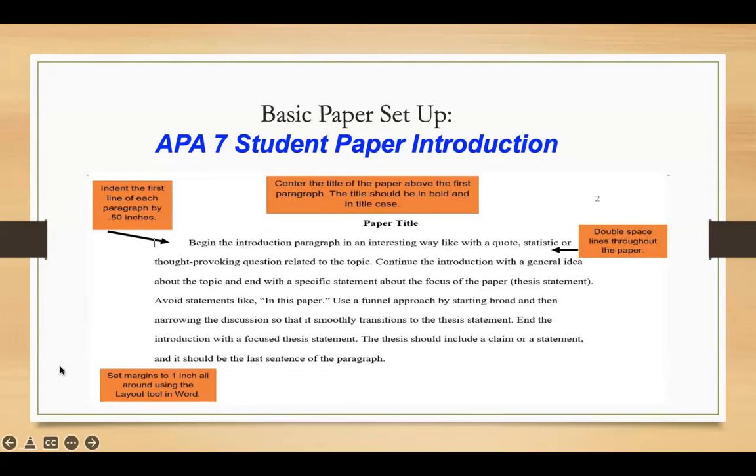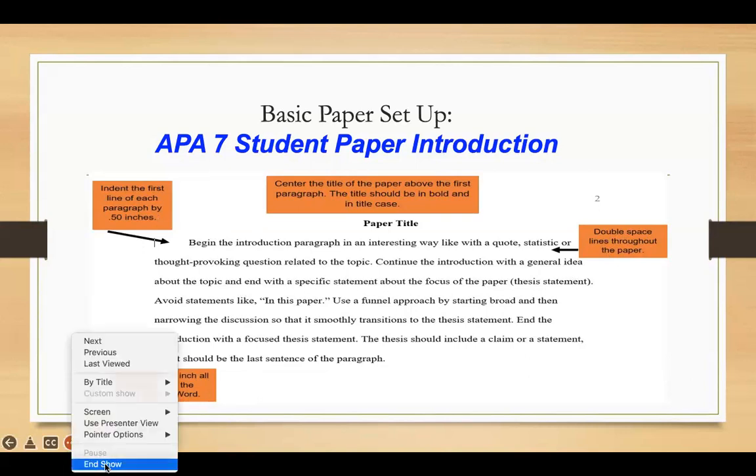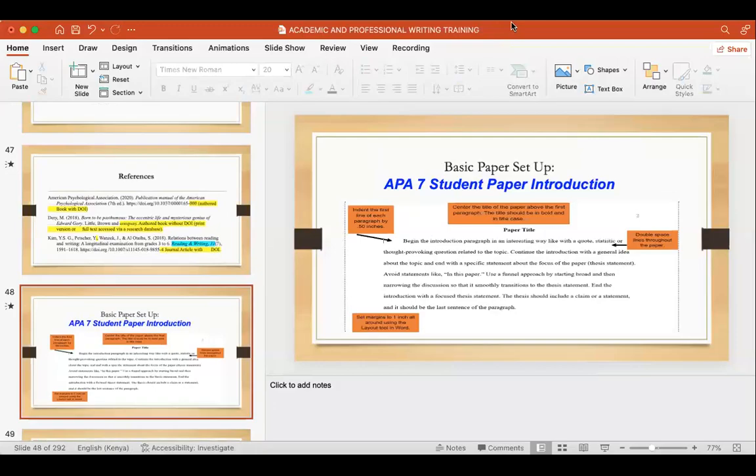And then the last one was to set margins to 1 inch all around, in the layout in Word. So you go to normal, and then all your page numbers, all your whatever. So let me get any Word document here.